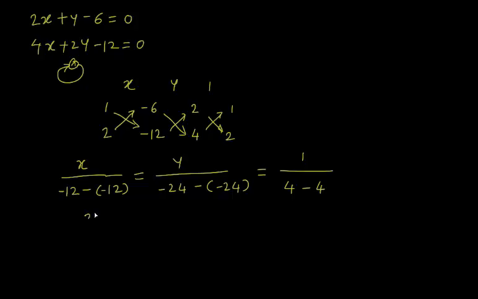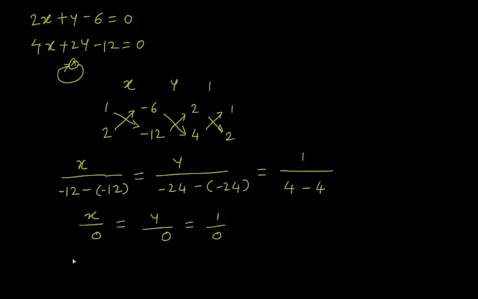That means x upon minus 12, minus minus will become plus. So minus 12 plus 12 will be 0, is equal to y upon minus 24 plus 24 will give us 0, is equal to 1 upon 4 minus 4 is 0.